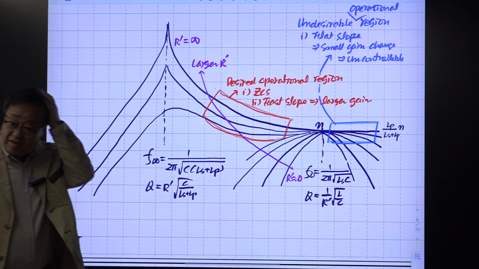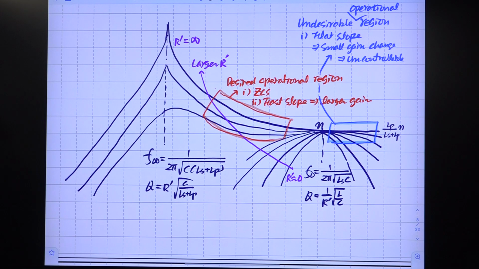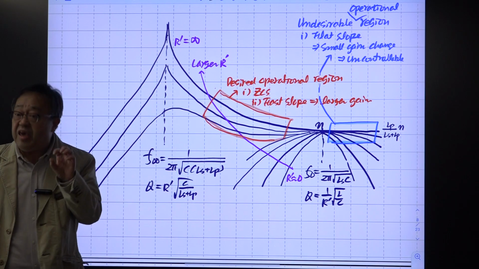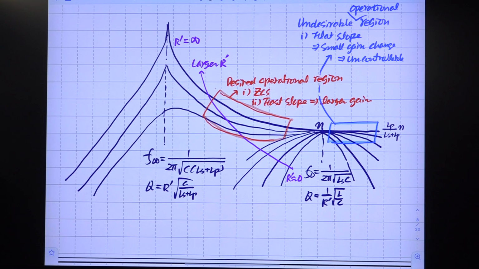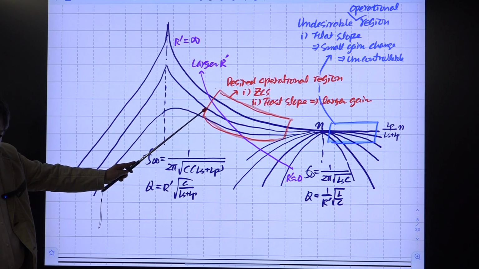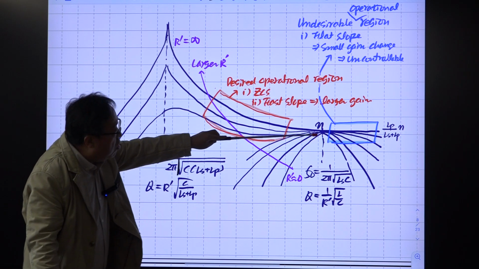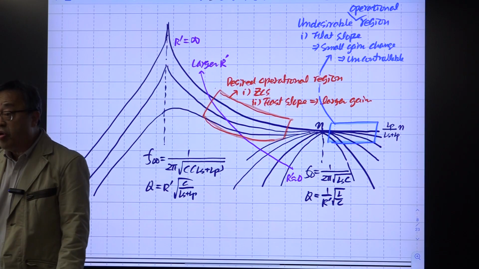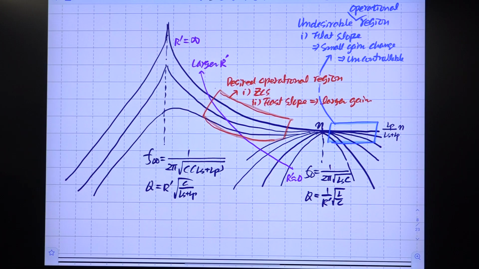Let me explain why. Later on, you will see the slope of this. The slope of this is the gain of some transfer function. The frequency to output transfer function has some gain, and that has the frequency response. In the desired region, that gain is very large, which is the desired characteristic. In here, the slope is very small or almost zero. That means the gain is very small, almost flat.